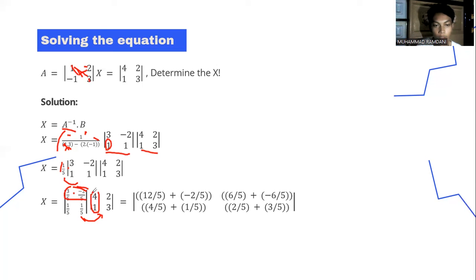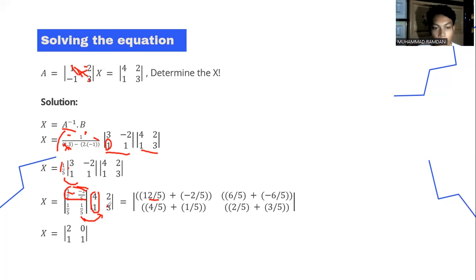For example, 3 per 5 times 4 becomes 12 per 5. Then minus 2 per 5 multiplied by 1 becomes minus 2 per 5, and so on.